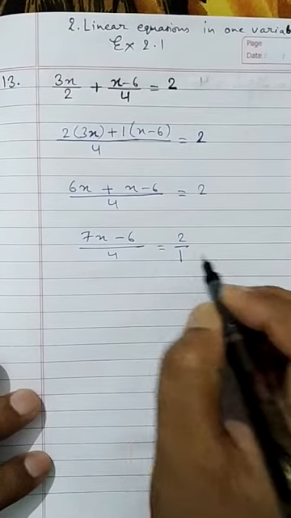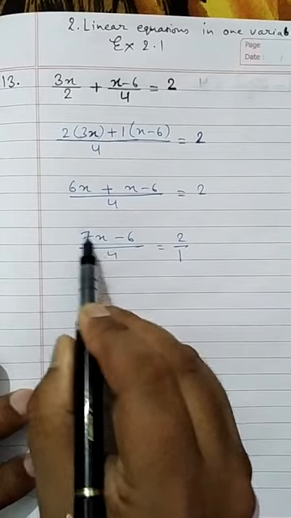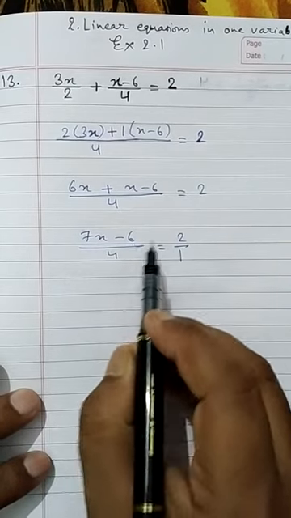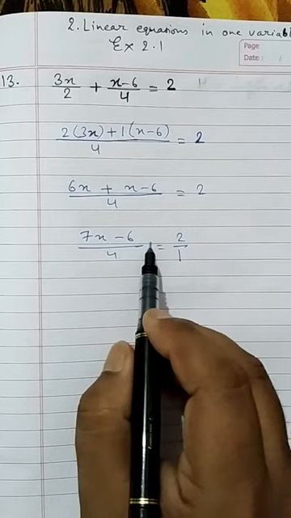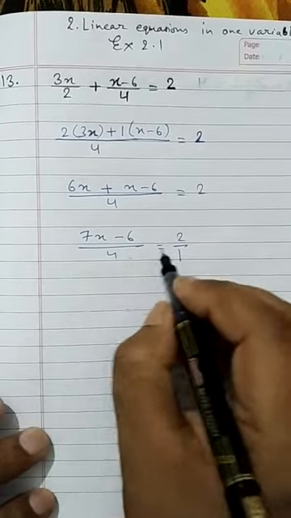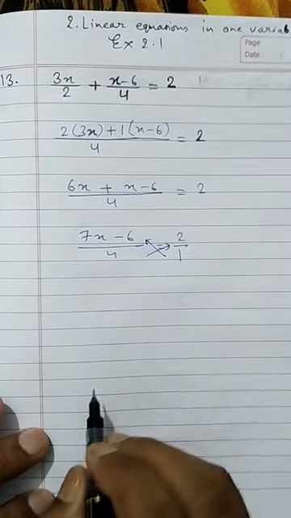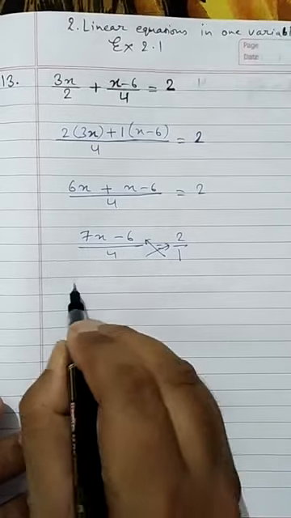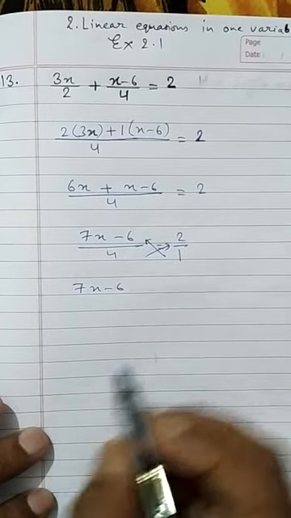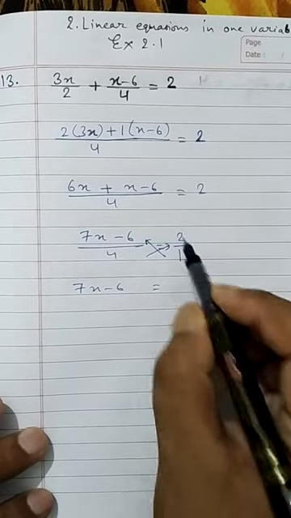Now I'll put 1 below 2, and because the x term cannot be subtracted by a constant, nothing can be done. At this stage we just have to cross multiply. 1 multiplied to this binomial gives us no change. So 7x minus 6 is as it is, and 4 into 2 gives you 8.